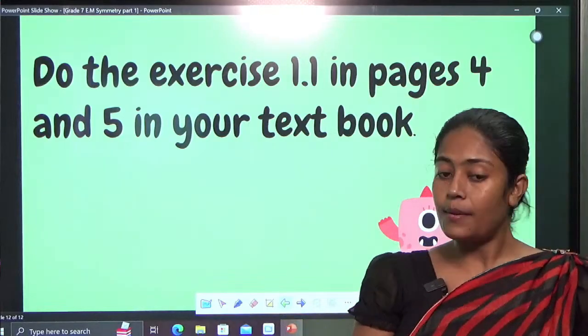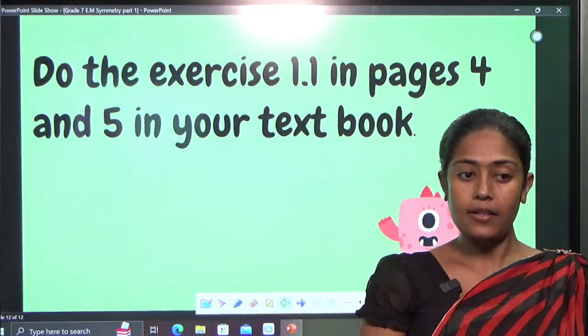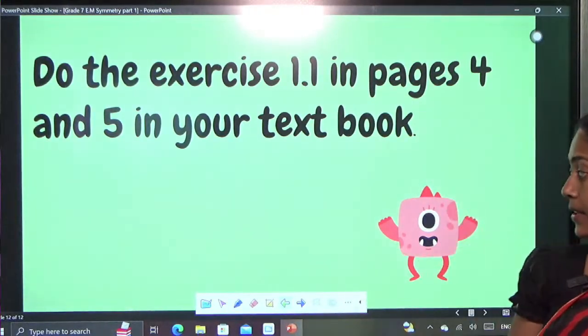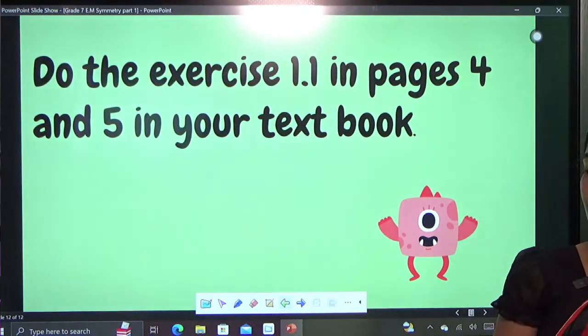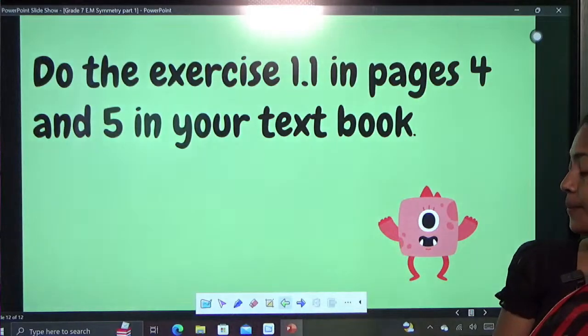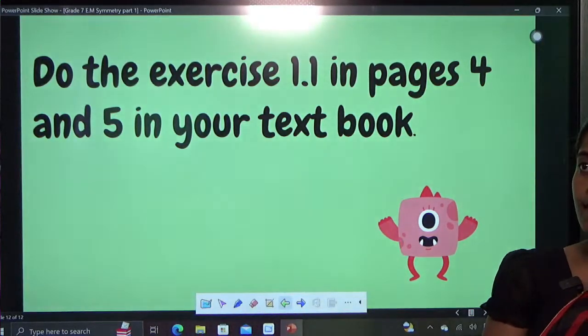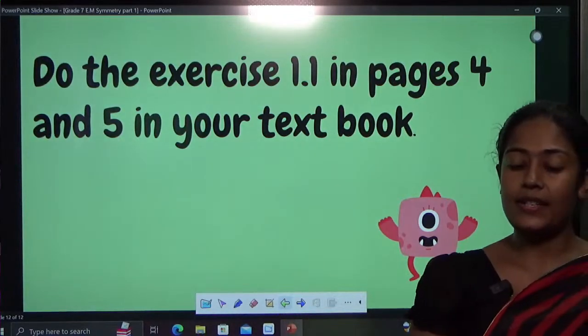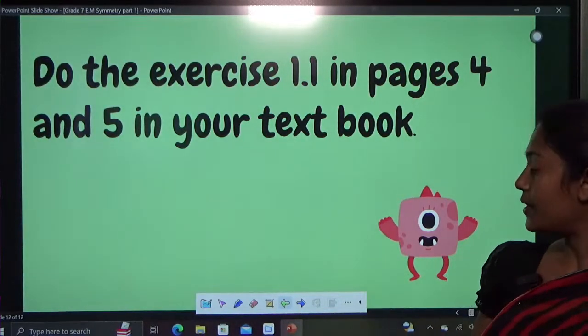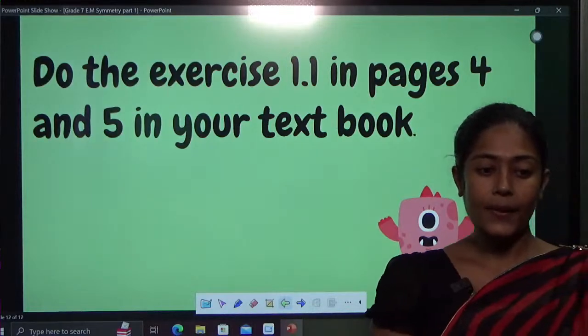I have done the bilateral symmetric part. There is another part in the lesson also, but I have done a small part of the bilateral symmetry today, right. Next time you can join with me by doing these activities and also the exercise, right.